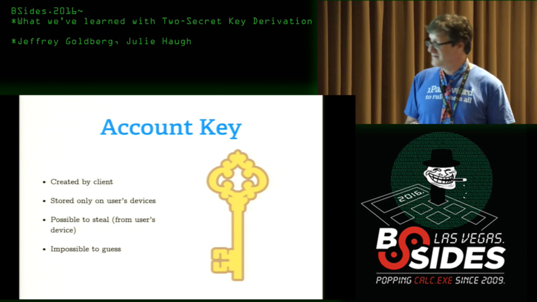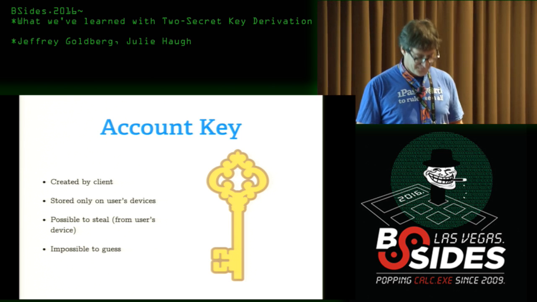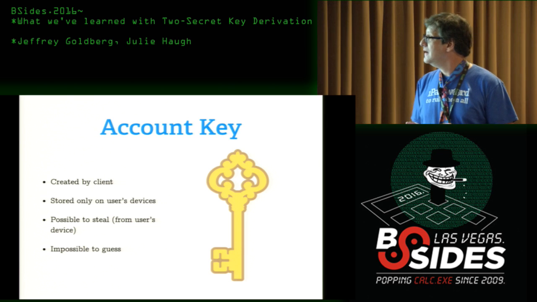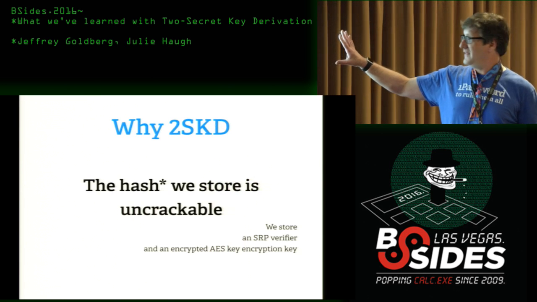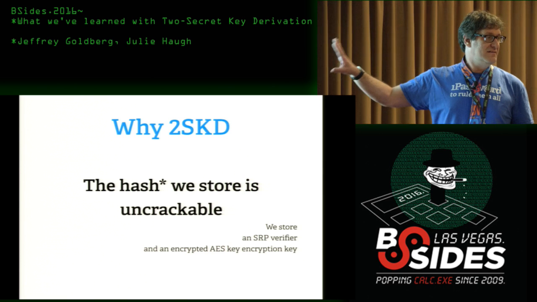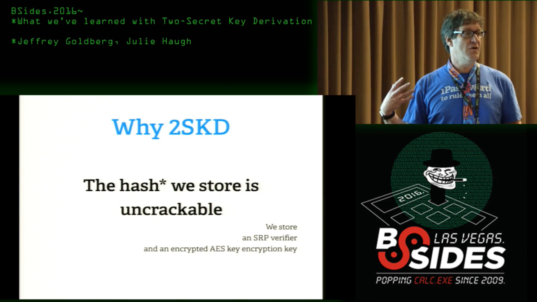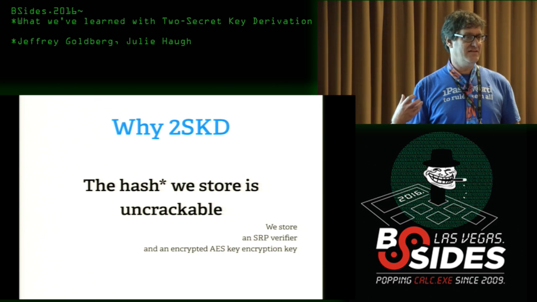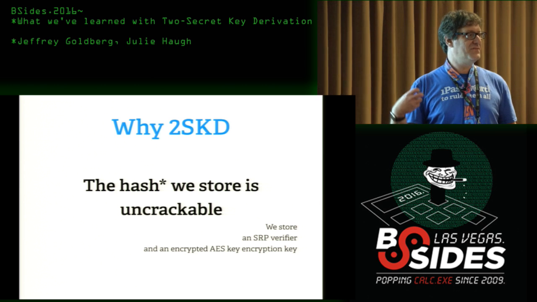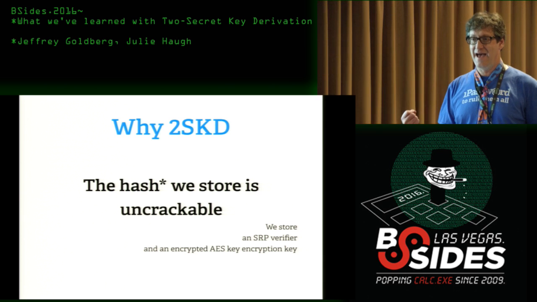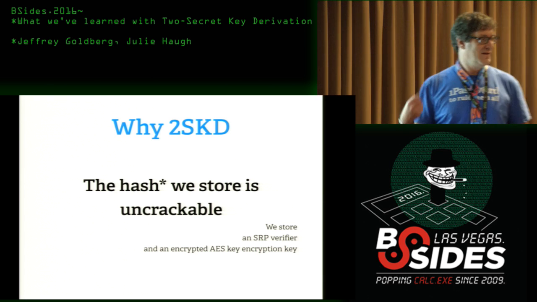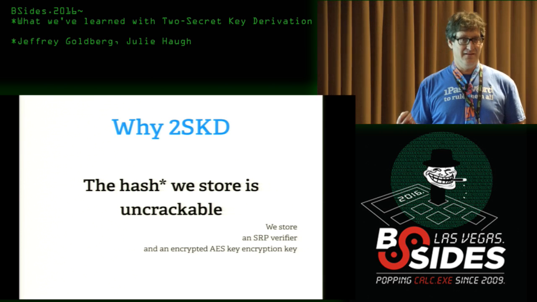And it's pretty much impossible to guess. Now, the reason for this is that we don't want to store hashes that, if stolen, could be used in any kind of offline attack. That is the goal of this thing.